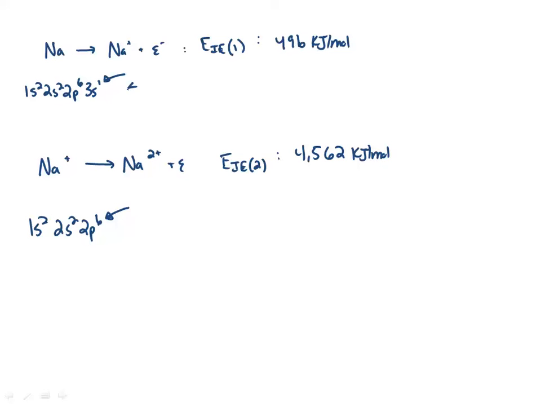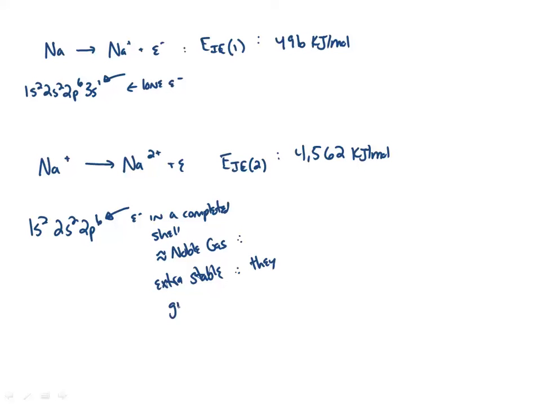Here, this is just a lone electron. This is an electron in a completed orbital shell, which is approximately like a noble gas. Therefore, it's extra stable, because we know the noble gases don't form reactions, so they're not likely to lose electrons. That's why it takes so much energy. So they're extra stable, therefore they don't give up the electron easily.